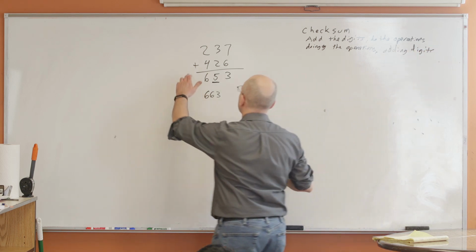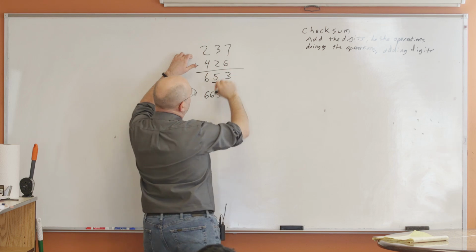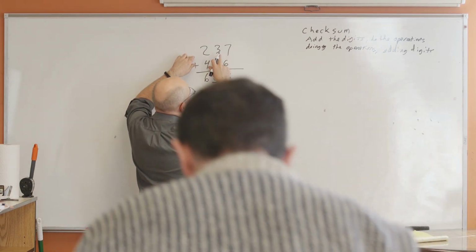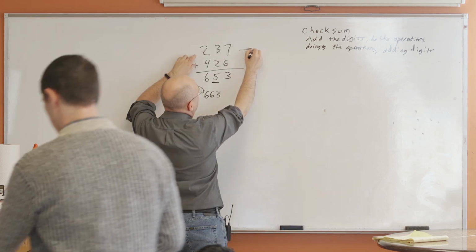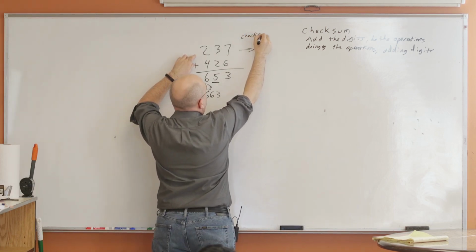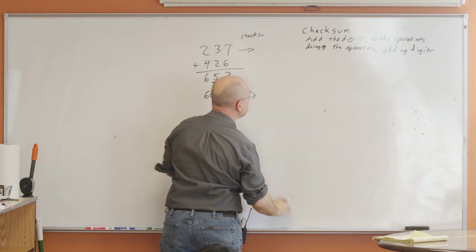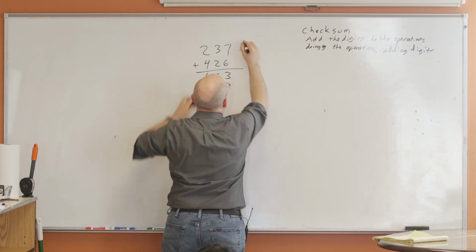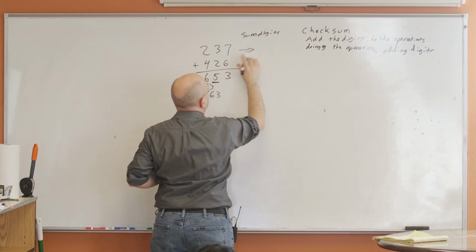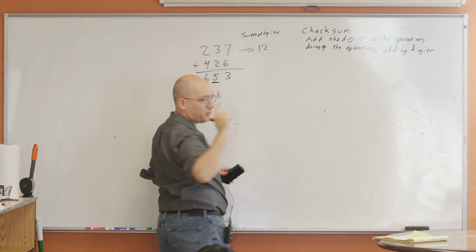So for this example, 2 plus 3 is 5. 5 plus 7 is 12. So checking this, summing the digits, you get 12, but I actually want a single digit.